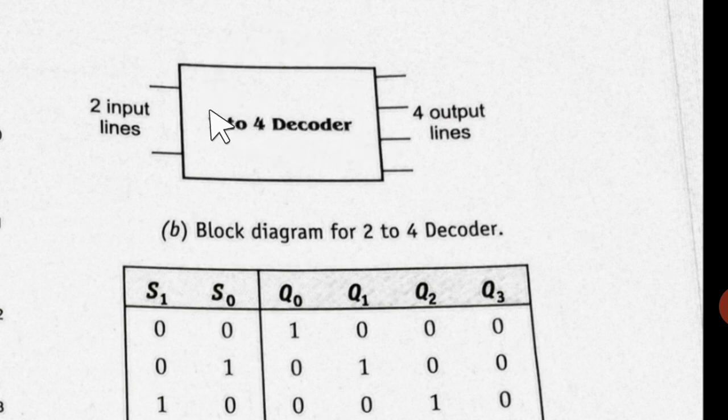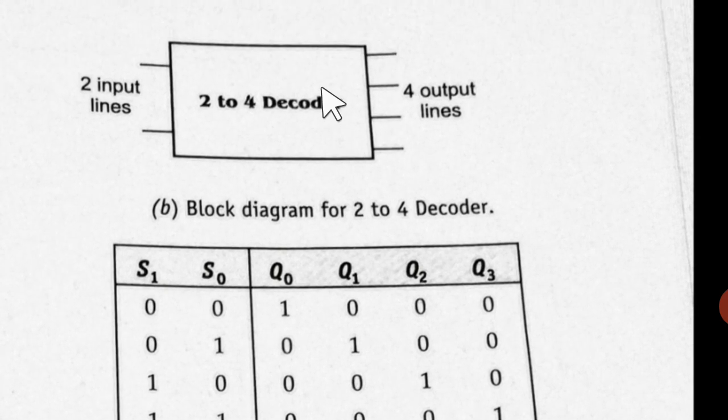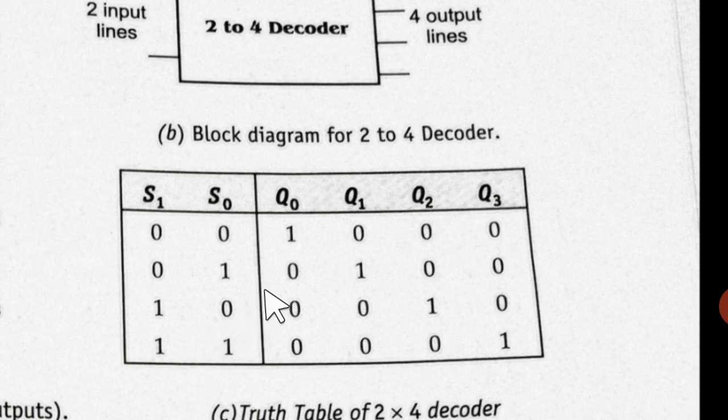This process can be explained in terms of the truth table also. Here you can see the input combinations: 0 0, 0 1, 1 0 and 1 1, and all the outputs Q0, Q1, Q2, Q3. Only one will be active at a time.